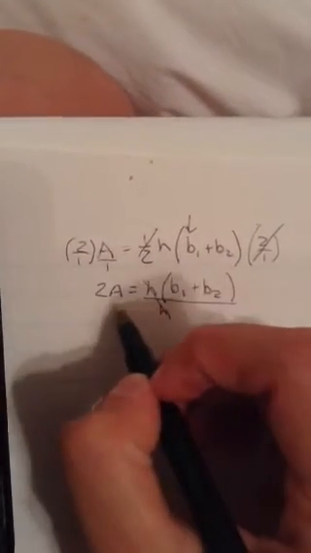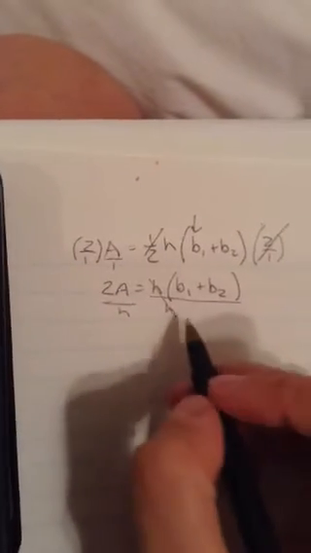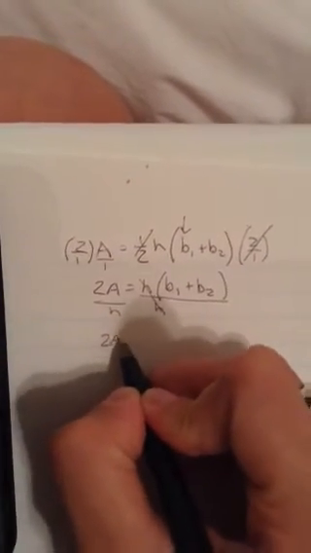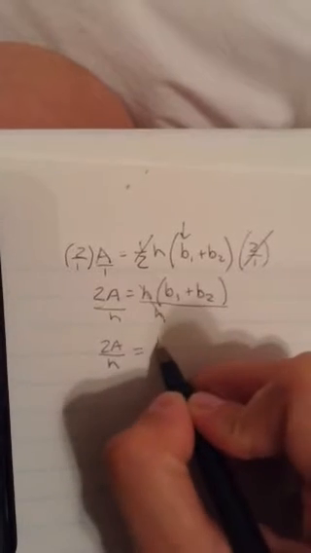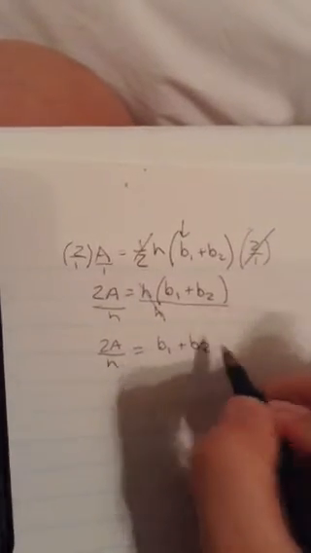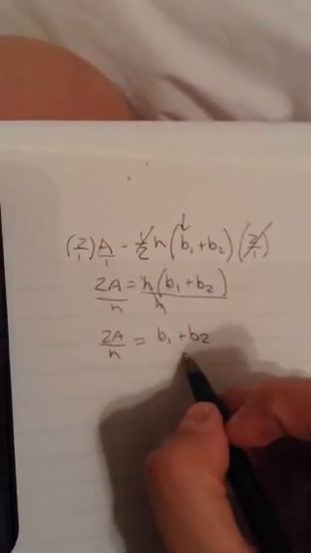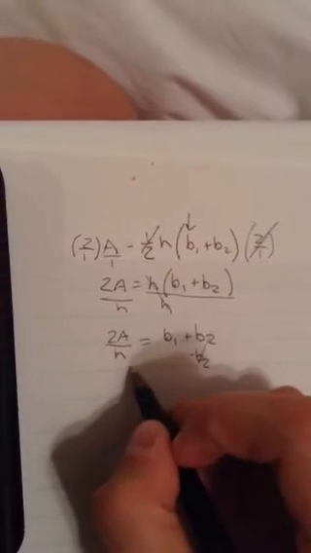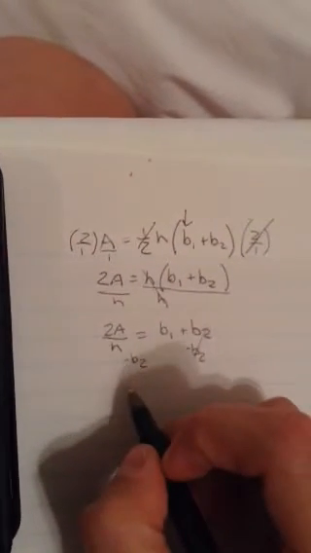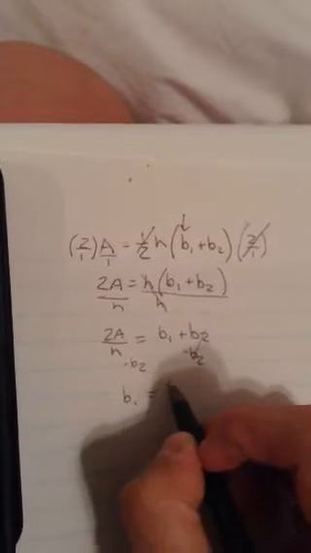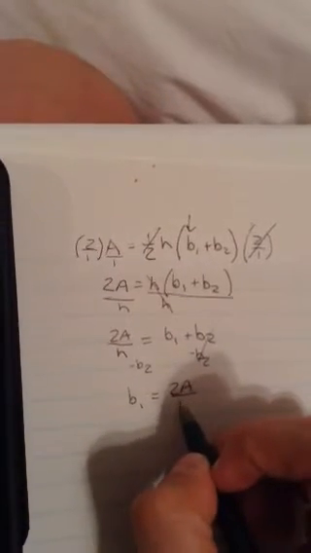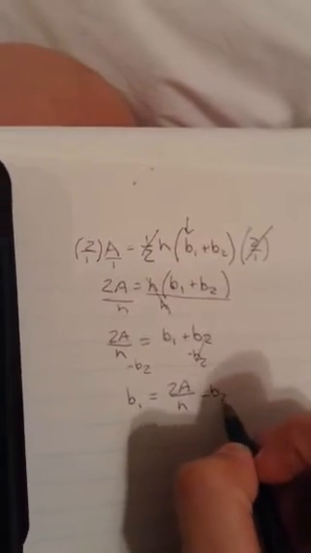So the H's cross out. So now I'm left with 2A over H is equal to B1 plus B2. My last step now is just subtract B2 to both sides. And so I get B1 is equal to 2A over H minus B2.